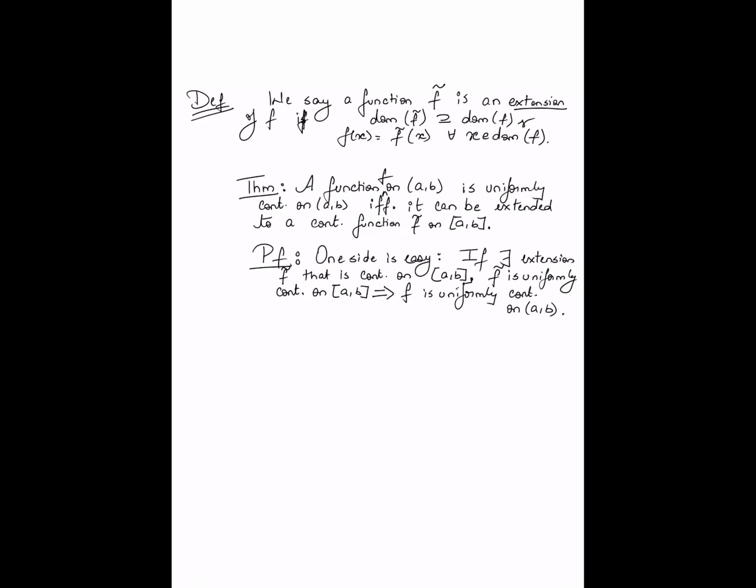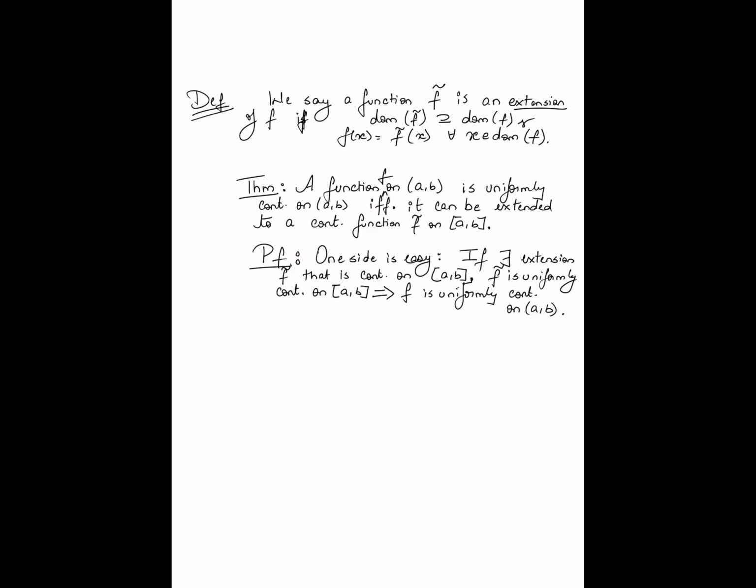So this is fairly straightforward: if there is an extension that is continuous, then because that extension is continuous on a closed interval, it is also uniformly continuous, and the uniform continuity of f tilde on AB implies the uniform continuity of f on the open interval AB. I skipped one step. The fact that f tilde is uniformly continuous on the closed interval AB implies that f tilde is uniformly continuous on the open interval AB. But on the open interval AB, f tilde and f agree. So which means f is also uniformly continuous on the open interval AB. So this part of the proof is actually straightforward.